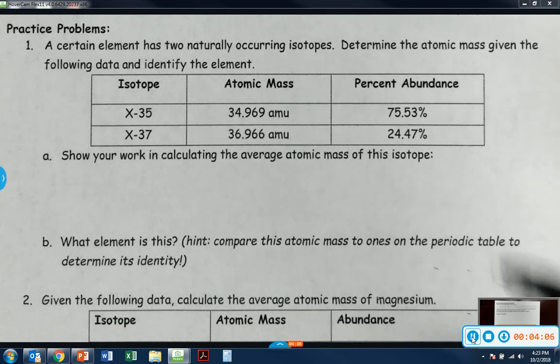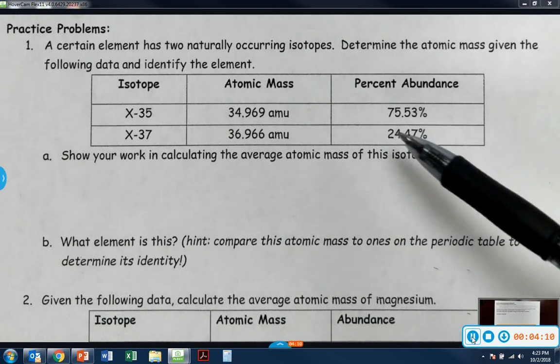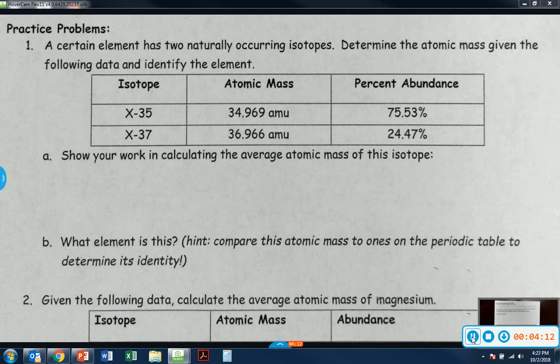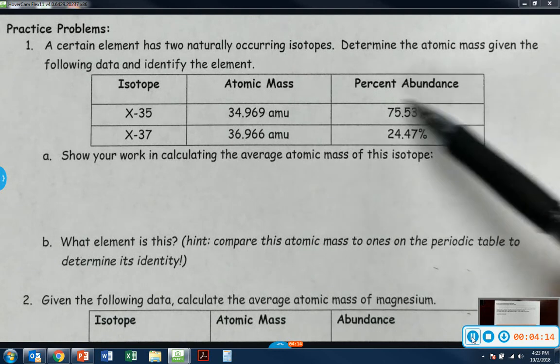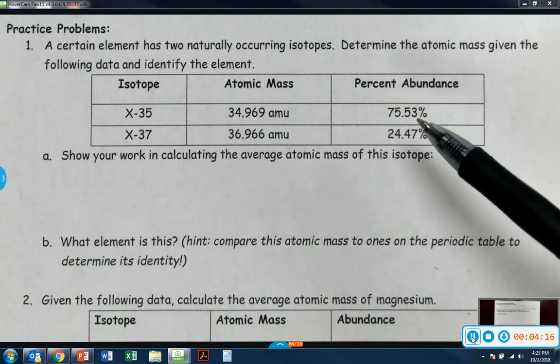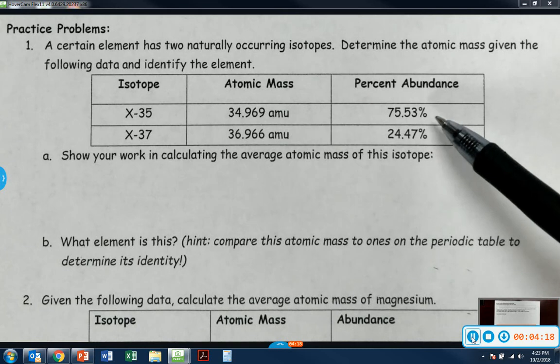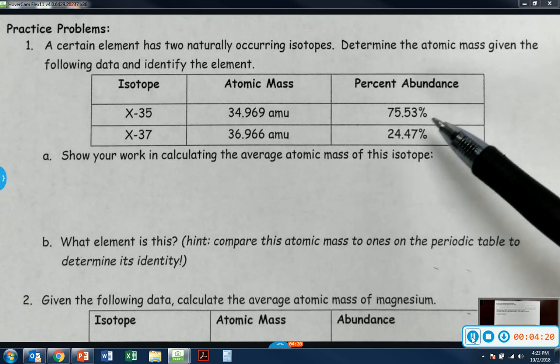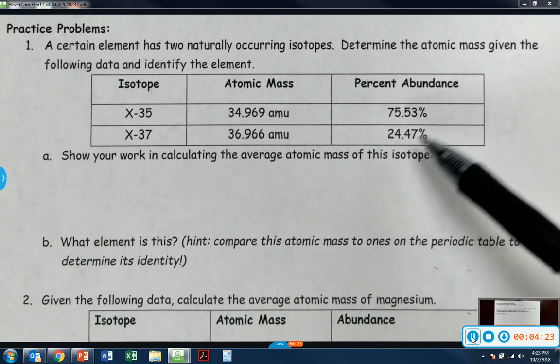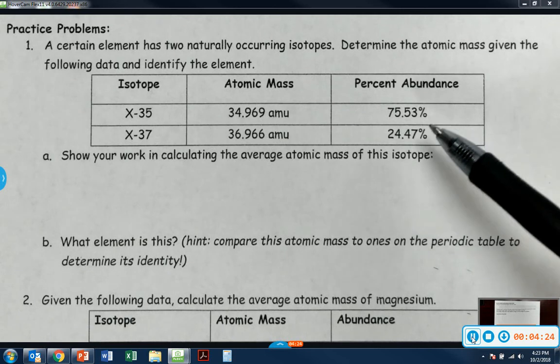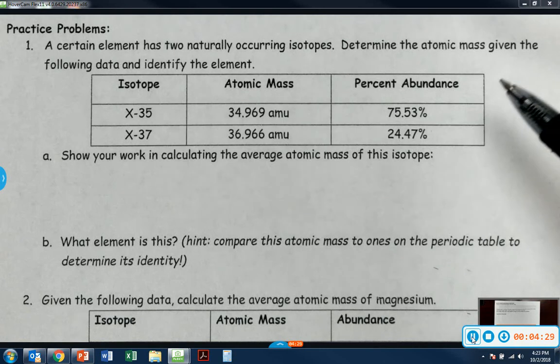Remember that your formula is percent abundance times the mass of your isotope. But the crazy thing here is that we are not going to use the actual percent abundance. We are going to convert it into a decimal by dividing by 100.